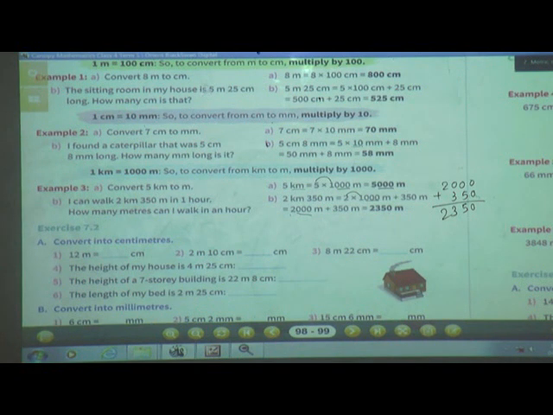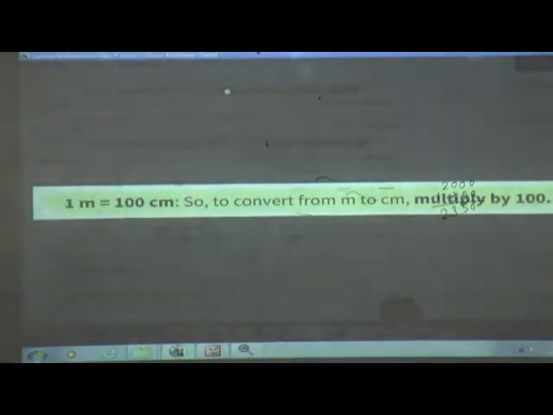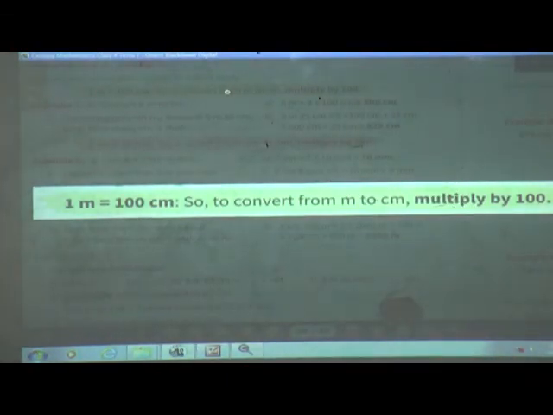Shall we revise once again? Conversion of length, higher to lower units. First, 1 meter is equal to 100 centimeter. So to convert from meter to centimeter, what we have to do? Multiply by 100. Keep in your mind.